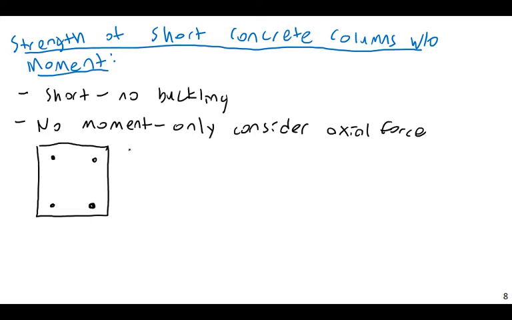The ultimate strength, effectively the phi Pn, or just the Pn, or maybe Rn, nominal resistance, is just going to be the strength of the steel plus the strength of the concrete.